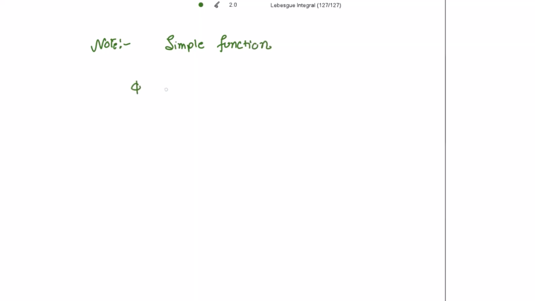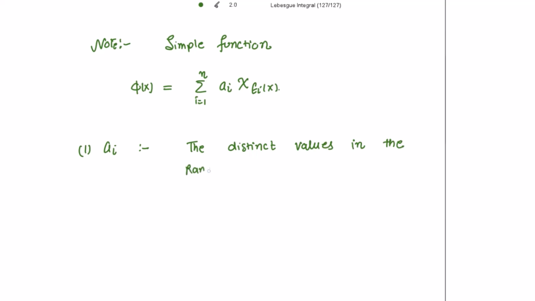Please note that any simple function, that is phi, can be expressed as a finite linear combination of the characteristic functions of measurable sets, where these ai are the distinct values of the range of phi.